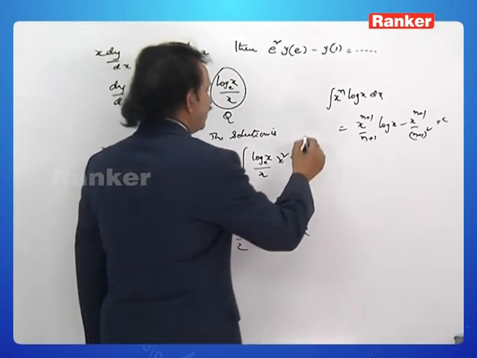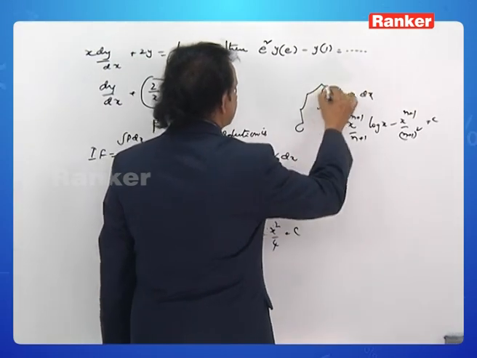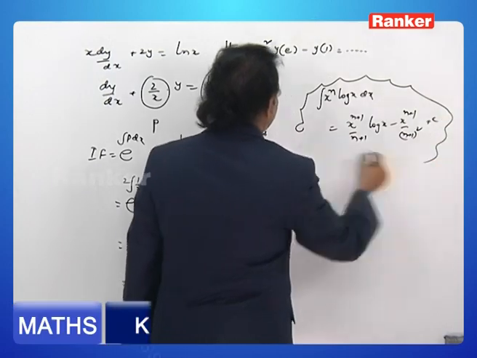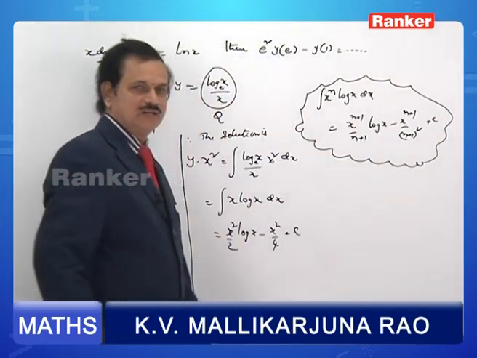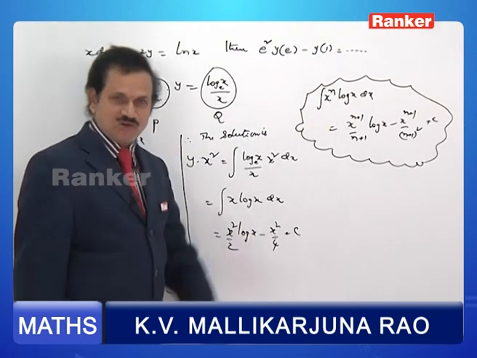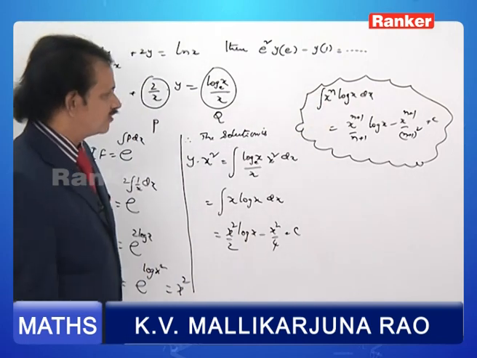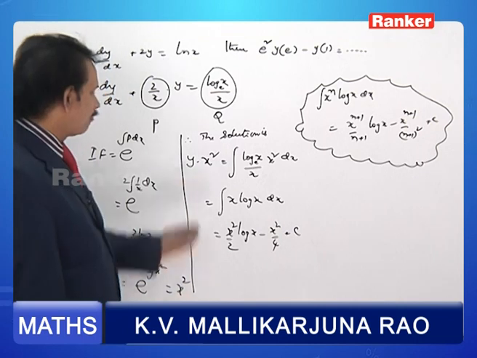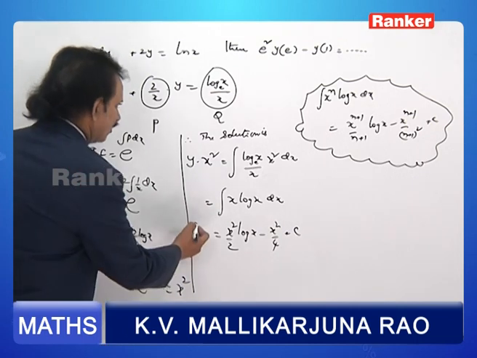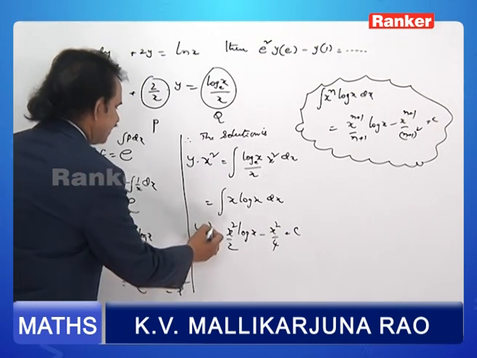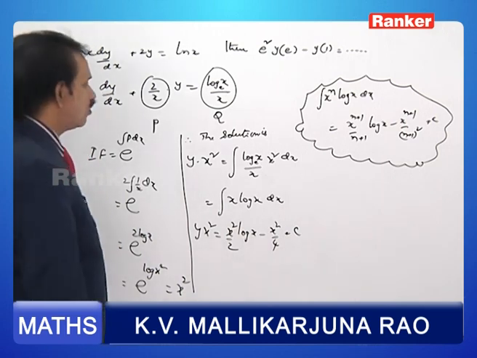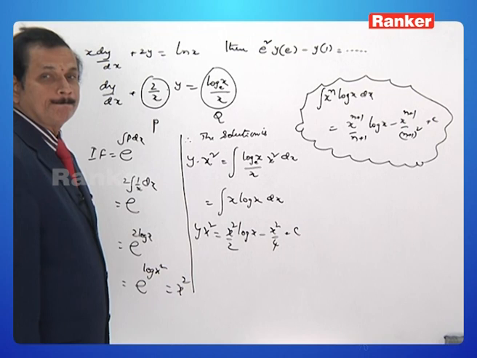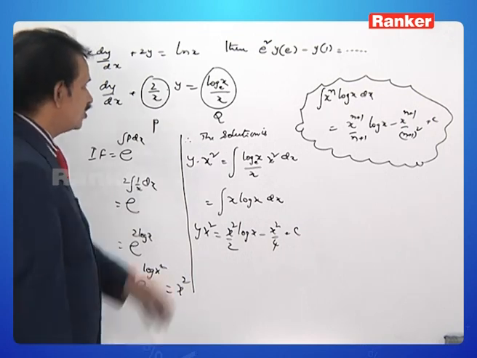I could have made use of this standard result from the knowledge of indefinite integrals. We could have derived it by using integration by parts. So this is the answer. Therefore, y into x square is equal to x square by 2 log x minus x square by 4 plus c. Good. This is the solution.